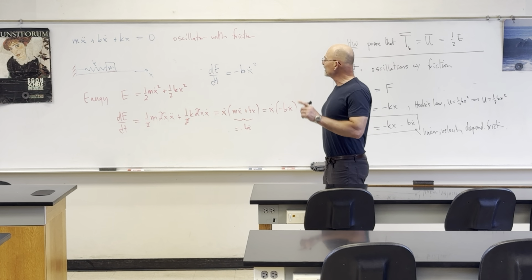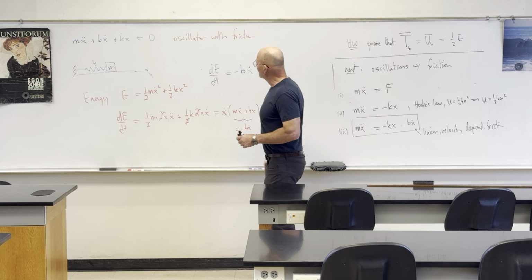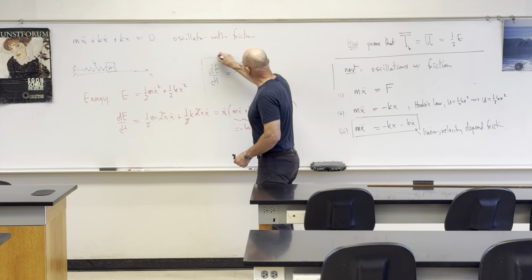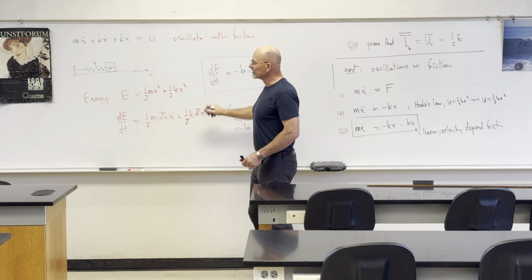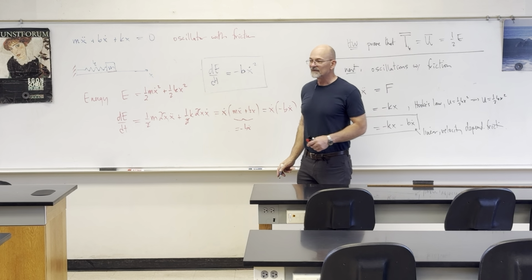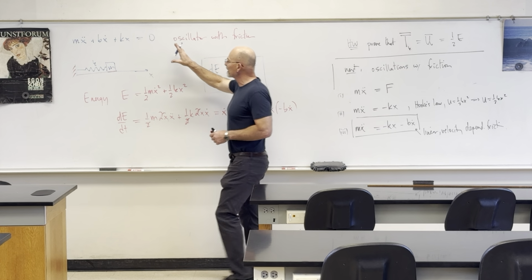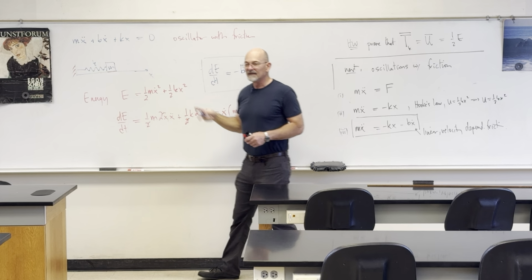But when you can do this, you really lucked out, because we got a real physical result, and we didn't even have to solve the differential equation yet. So the analysis of the differential equation itself already gives you some insight.